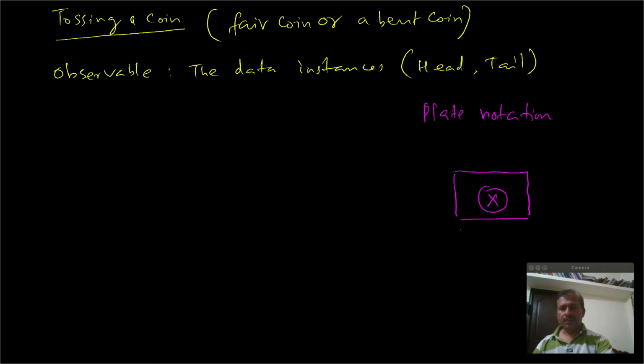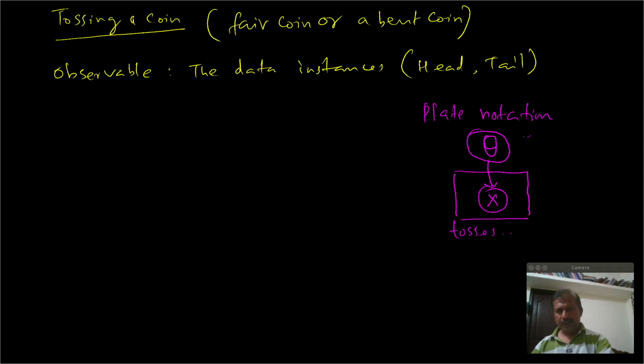This is basically the tosses, right? And assume that this is the parameter theta associated with it. This is another random variable associated with your experiment, right?